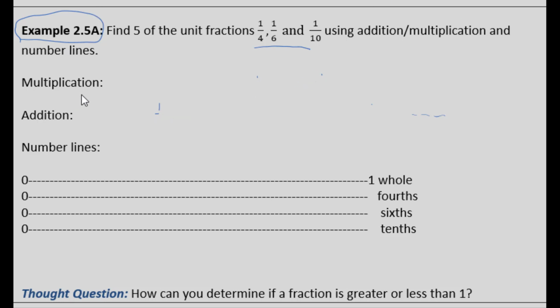Now clean that up, and if we want to do it with multiplication, we got 5/4. Let's put them on a number line here. There's 1/4, 2/4, 3/4, 4/4, and 5/4.